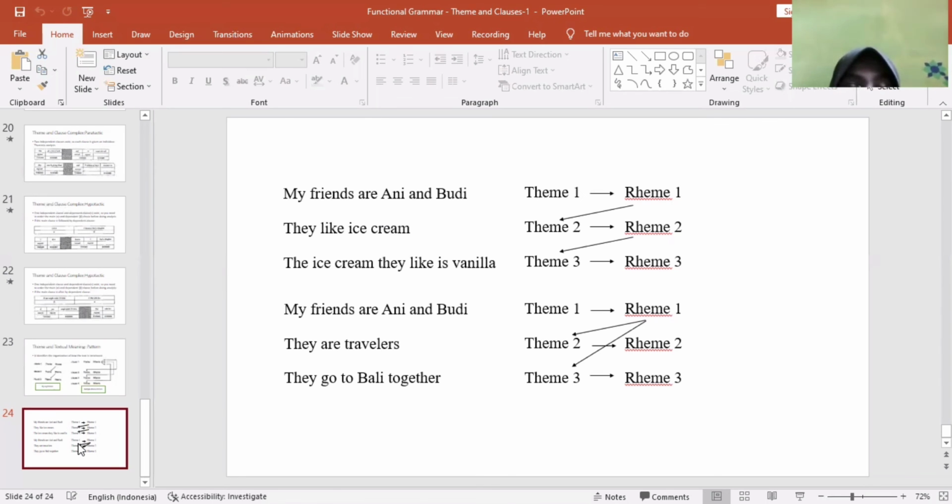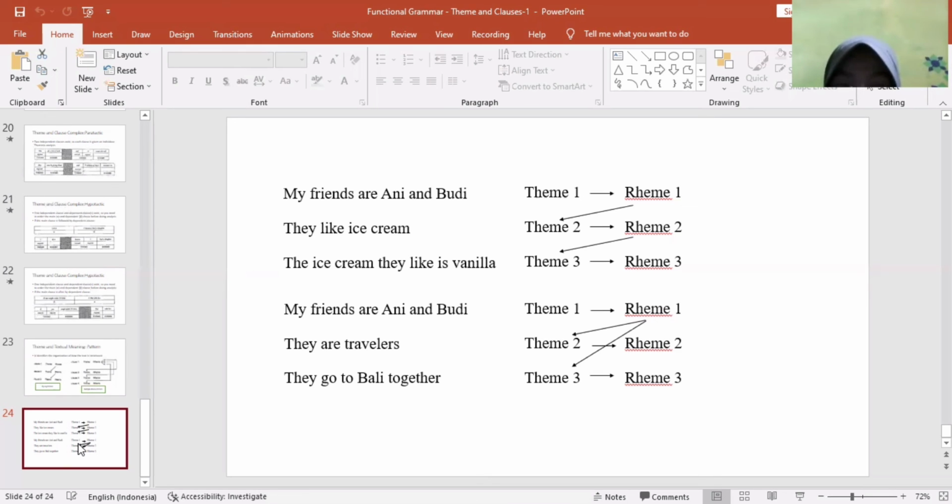And for the multiple Rheme pattern, as you can see, Rheme 1 becomes theme 2 and also theme 3. "My friends are Annie and Budi." "My friend" is theme 1, and "Annie and Budi" is Rheme 1. I pick up "Annie and Budi" and place it into theme 2, here using "they": "They are travelers."